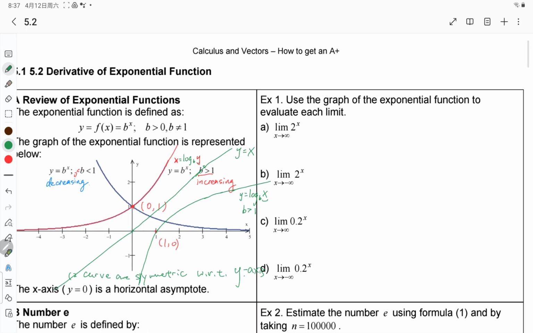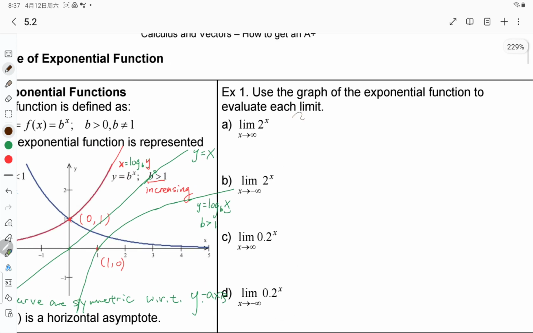All right. Now use the graph of the exponential function to evaluate each limit. As soon as you see this, you identify that b is greater than 1, right? So what is b here? You should guess it. b is 2, so it's greater than 1.